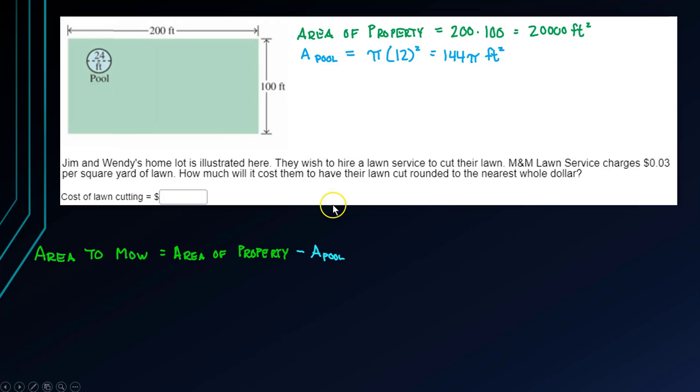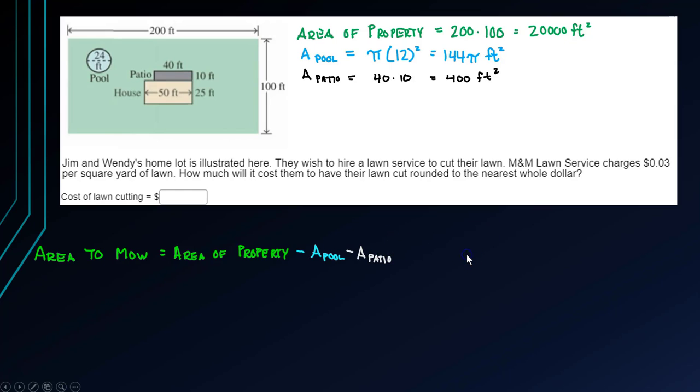One of the next things on this property is the patio that's connected to the house. The area of that patio, it's a rectangle, 40 by 10, is 400 square feet. That 400 square feet will also be subtracted away from the area of the property, because you can't mow what's there, since that lawn has been replaced with the patio.